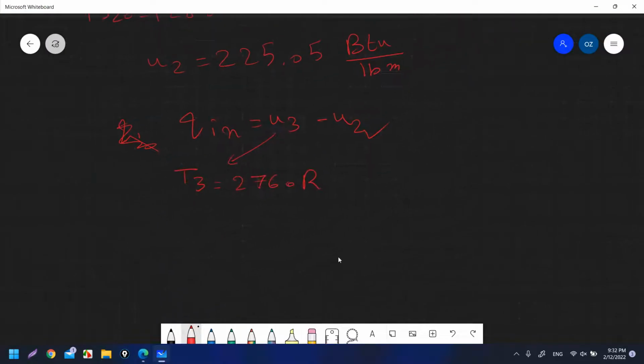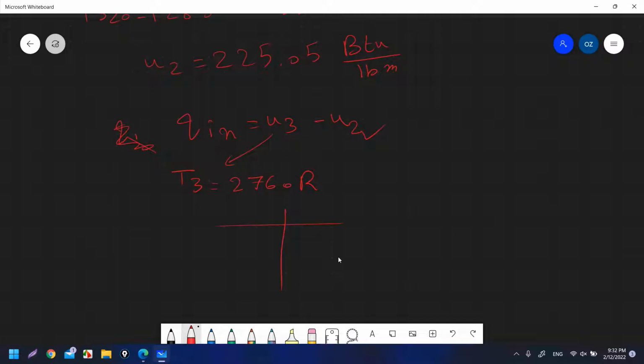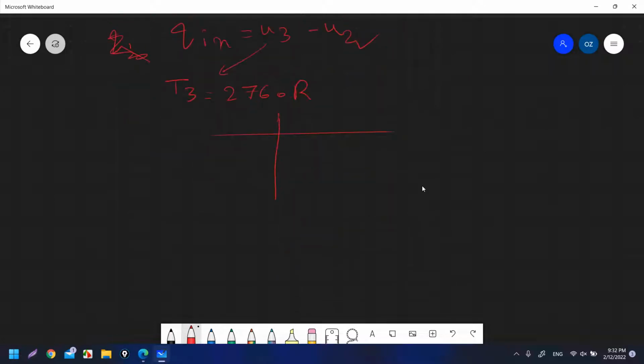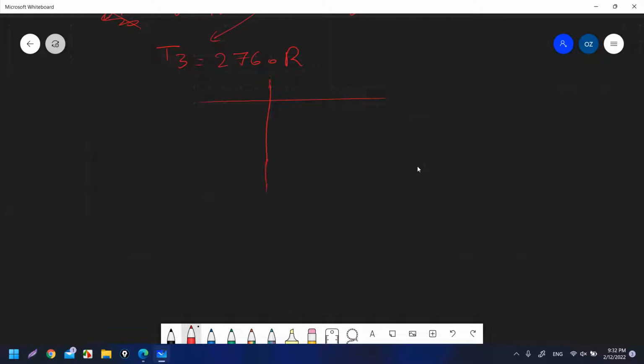Okay, let's make also another interpolation. So T, U: 2750, 2760, 2800, 529.31, U3, 540.40.